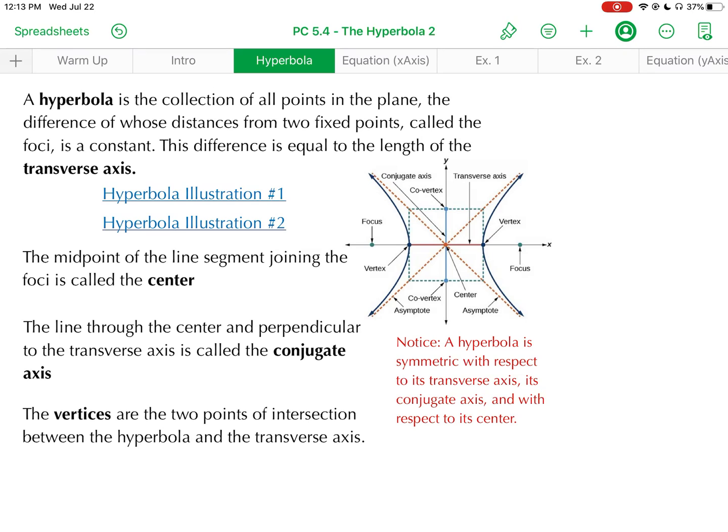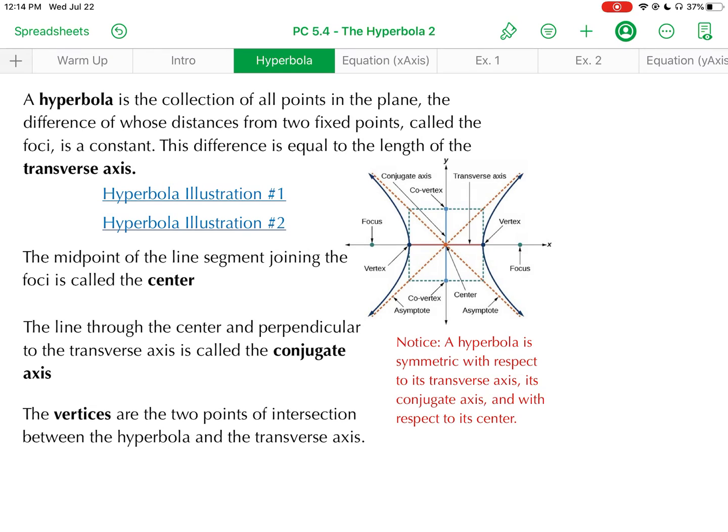On the ellipse, we had a major axis and a minor axis, all right? For the hyperbola, we still have the same concepts, we just have different names for them. So your transverse axis is a lot like the major axis. The transverse axis passes through the vertices, the foci, and your center, okay?